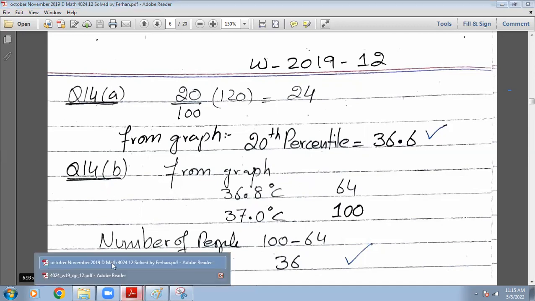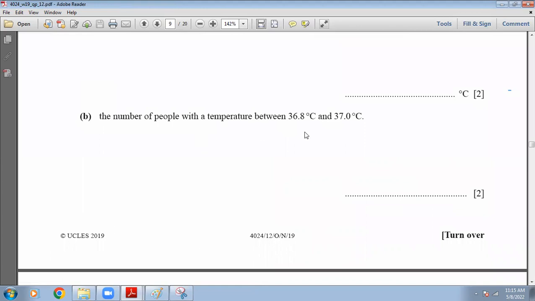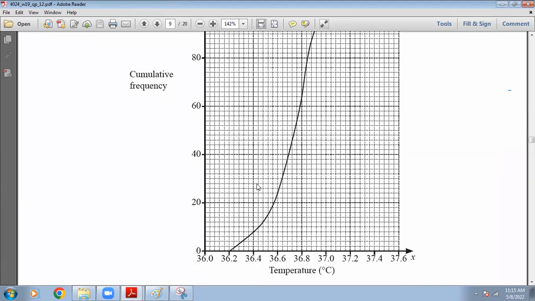Then the next question is the number of people with a temperature between 36.8 degrees centigrade and 37.0 degrees centigrade. So the methodology is, from 36.8 you will go to the graph and check what the value is. It is 62, I think.